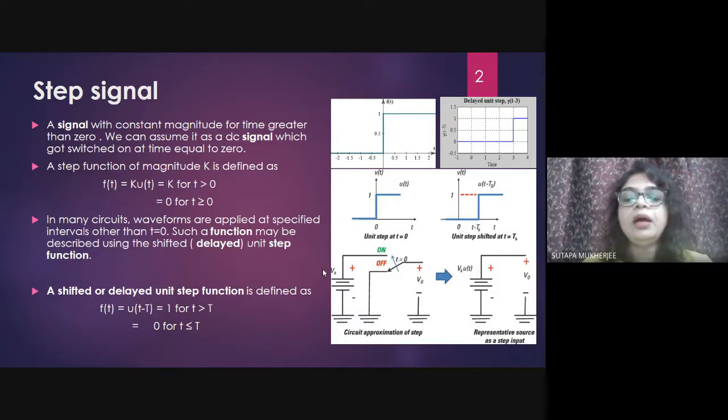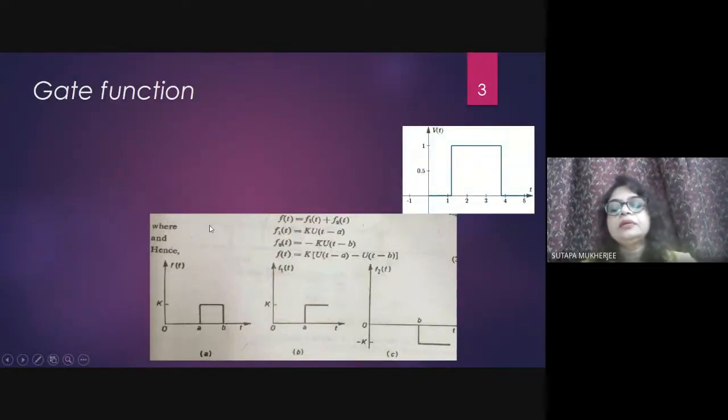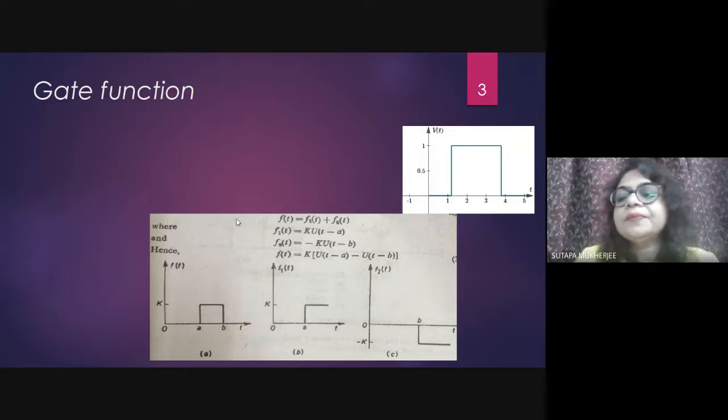Now go to the other PPT. That is the gate function. So basically the type is like this. From this it is obvious that it is a combination of two step functions. This step function starts from t equal to a.